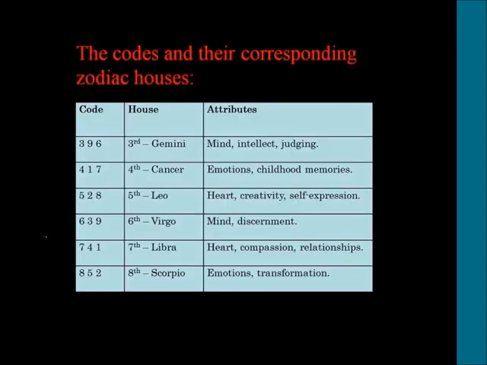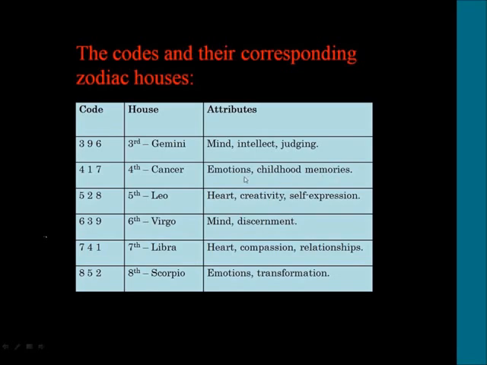And so I looked at that and said, well, let's see what this is really telling us, because we can summarize 396 as Gemini, which is about the mind, but it's really the mind that is judging. In Gemini, we're discovering duality, where we start thinking about right or wrong, black or white, good or bad. So it's the intellect that is judging. And then in Cancer, our emotions come in, but the emotions are really from childhood memories.